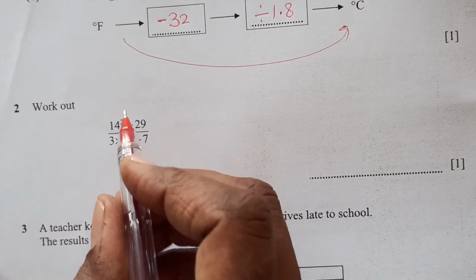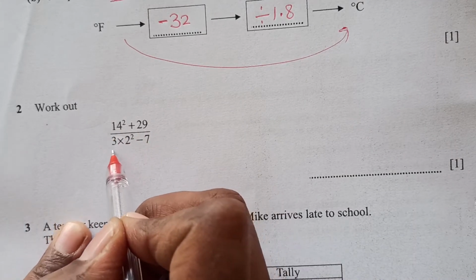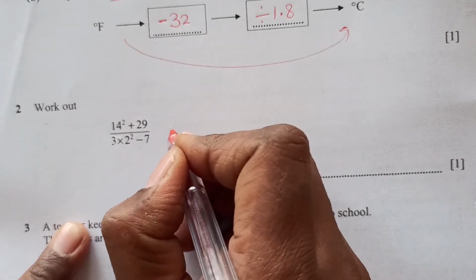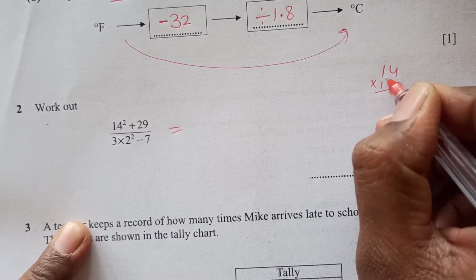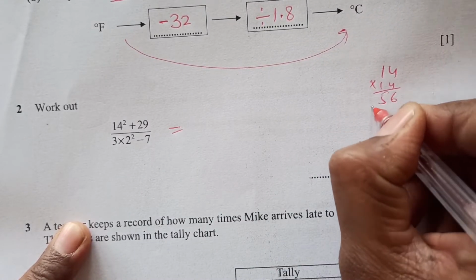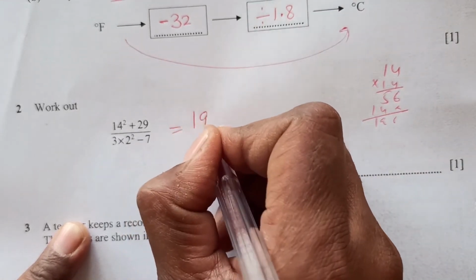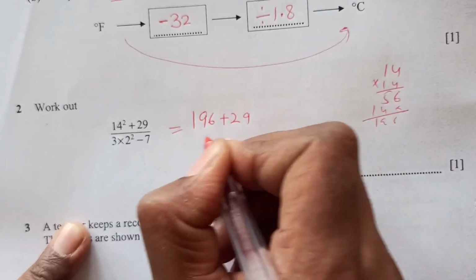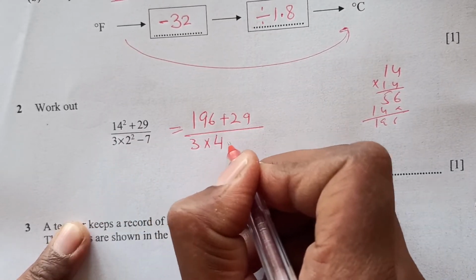Here we have: work out 14 squared plus 29 over 3 times 2 squared minus 7. Now 14 times 14 is 196. So this is 196 plus 29 over 3 times 2 squared, 2 squared is 4, minus 7.